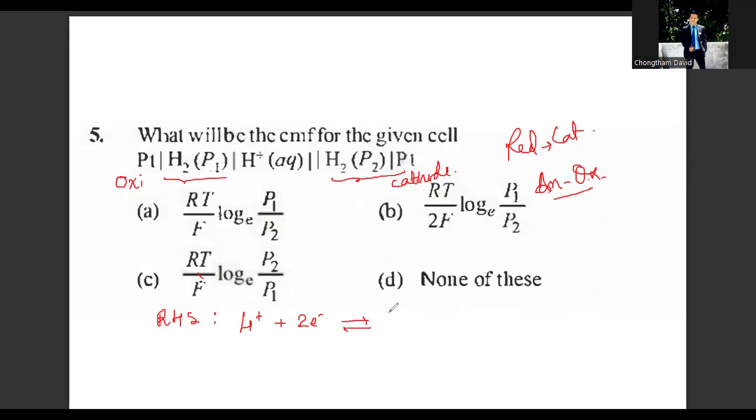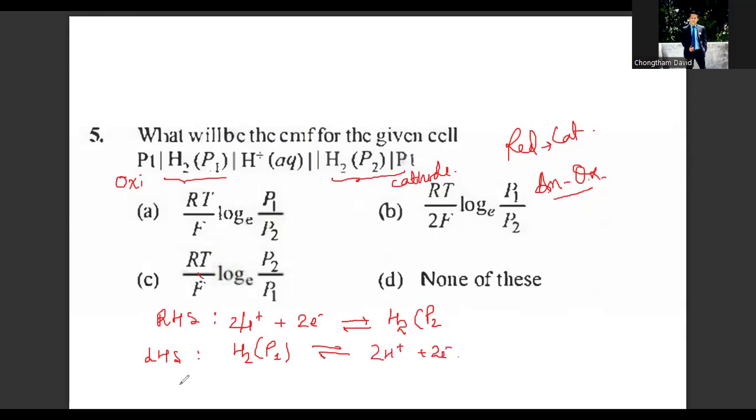It maintains an equilibrium, and the hydrogen ion gets reduced to a hydrogen molecule. The pressure given to you is P2, and on the left hand side, you have hydrogen at pressure 1. This is going to undergo oxidation by losing electrons.